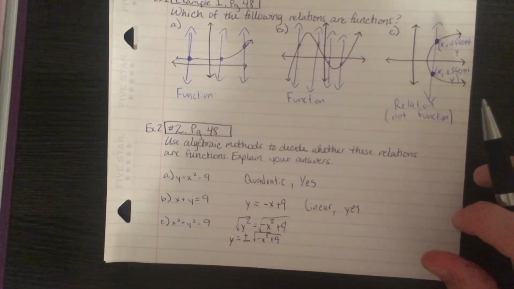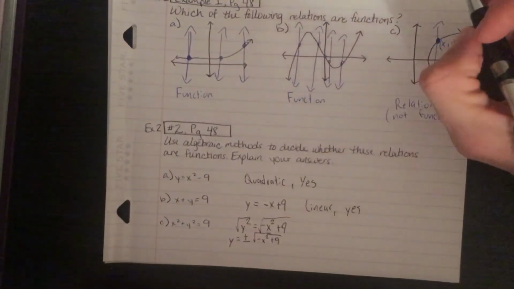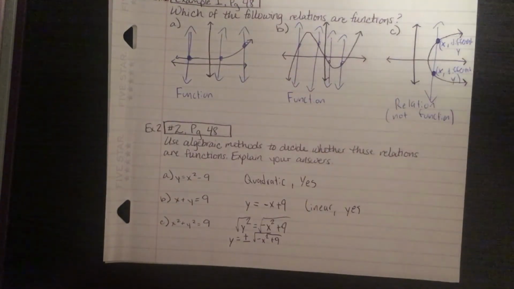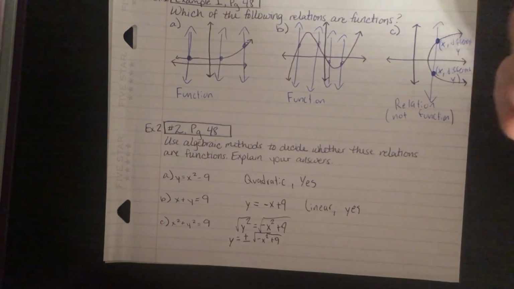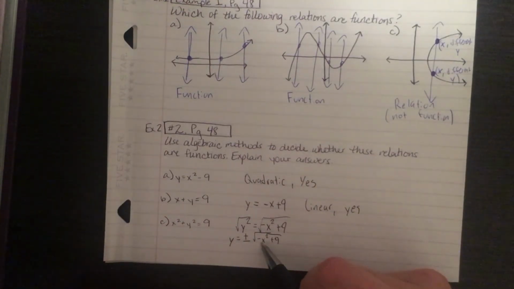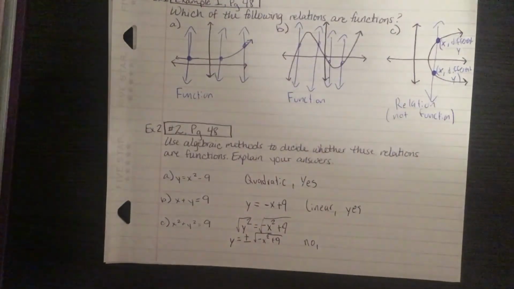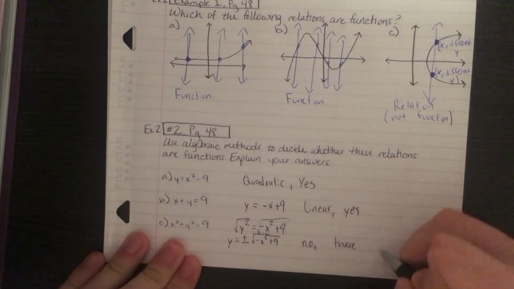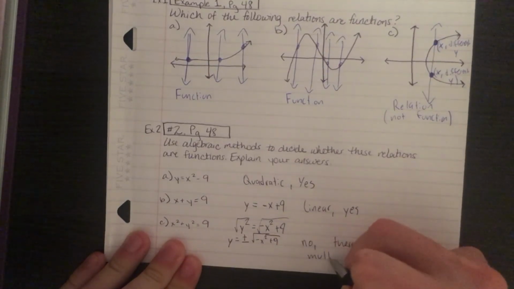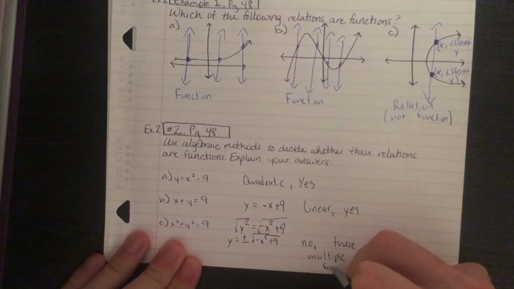So there are going to be multiple values here now because of that positive negative that we created when we took the square root of it. And because of that, it's not going to pass a test to become a function. The algebraic test where we got 2 values created from taking that square root is going to be no. There are multiple values for each x.